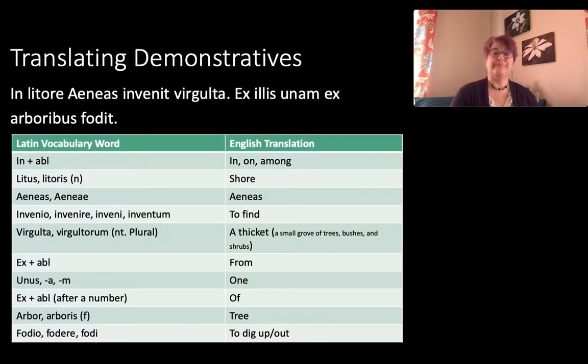Now let's take a look at one more example. In litora Aeneas invenit virgulta, ex illis unam ex arboribus fodit. As soon as I read this, I see that there are two sentences, and I notice that the demonstrative is in the second sentence.